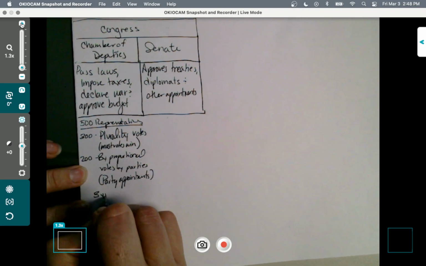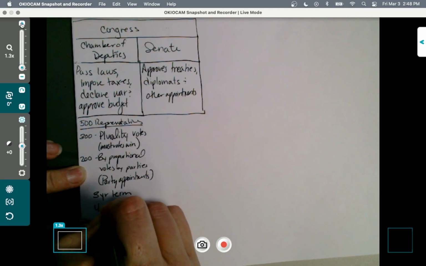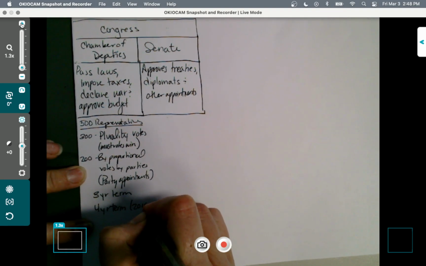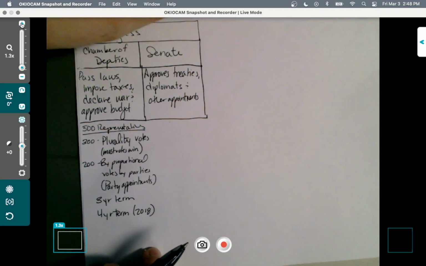It's a 3-year term, and then they change it to a 4-year term in 2018. Okay, so the original is from 1917. They then amend it in 2018 to be a 4-year term.